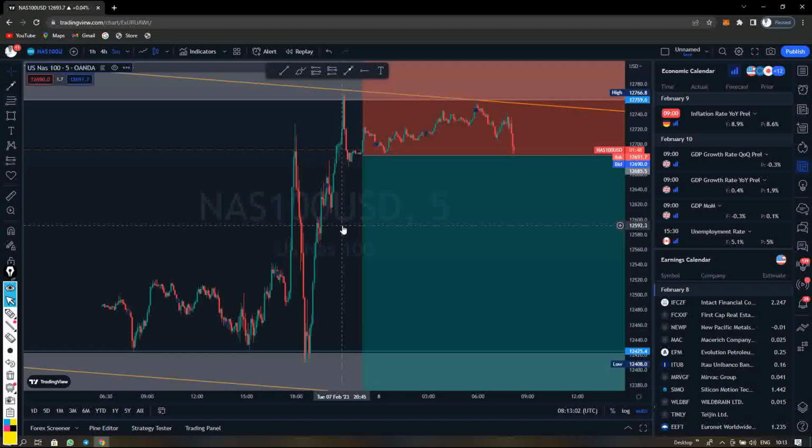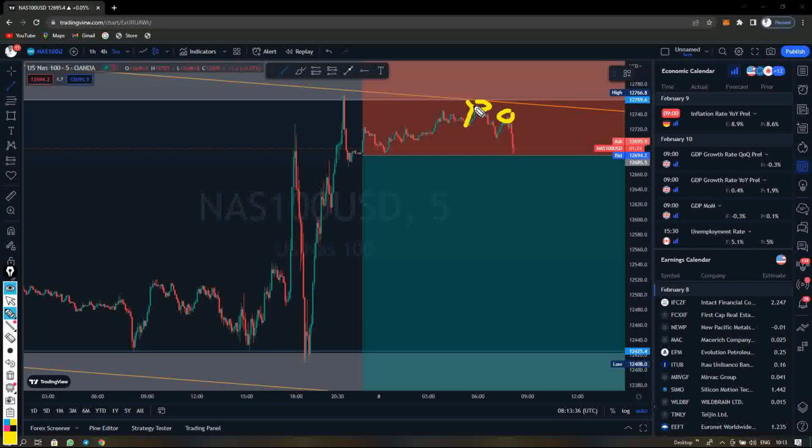So this was just a small analysis of Nasdaq, and you can see clearly that we had a double top, which confirms that we are going short. You can see here, this is a double top, which confirms that we are going short. This is a double top, guys.